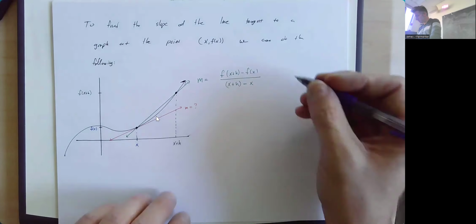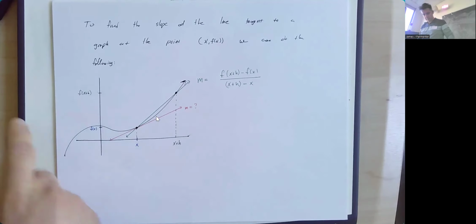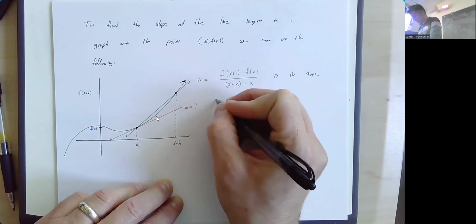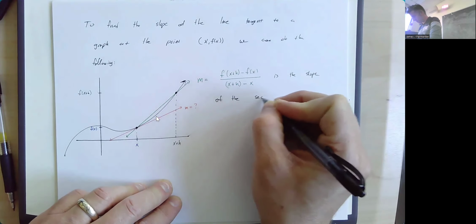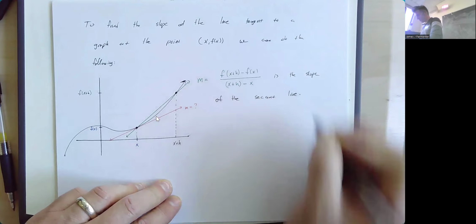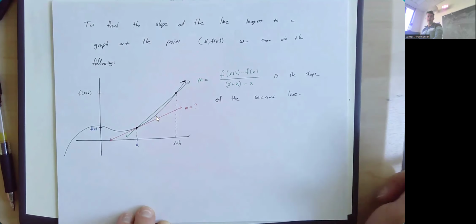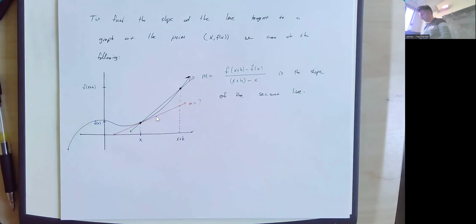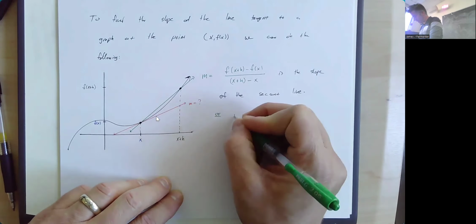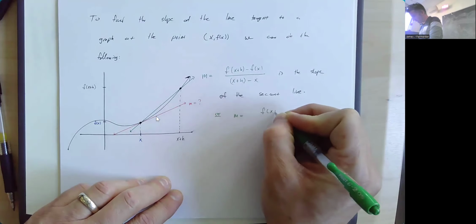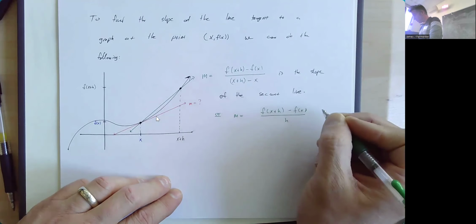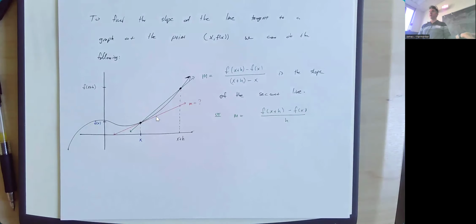And that is the slope of the secant line. I'll also point out that the denominator does simplify right away to just h. I can rewrite this as m equal to f of x plus h minus f of x all over h.